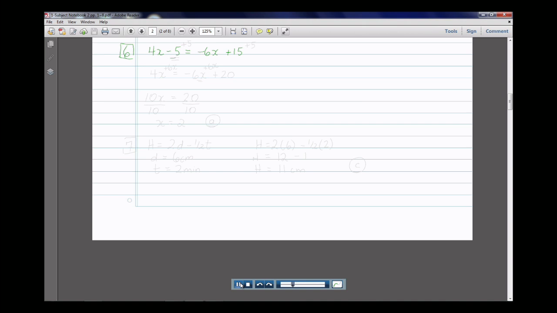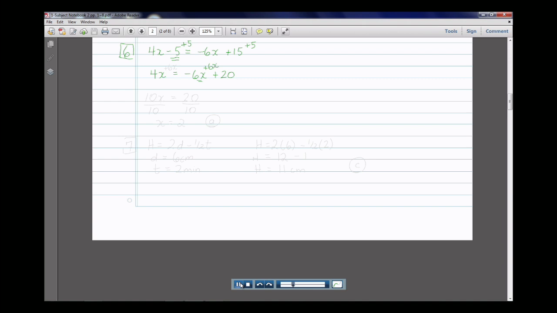So first thing I would try to do is move this minus 5 over to the right hand side. So to do that, you add 5 to both sides so that you get 4x equals minus 6x plus 20. And now we're going to try to get this 6x over to the left hand side.